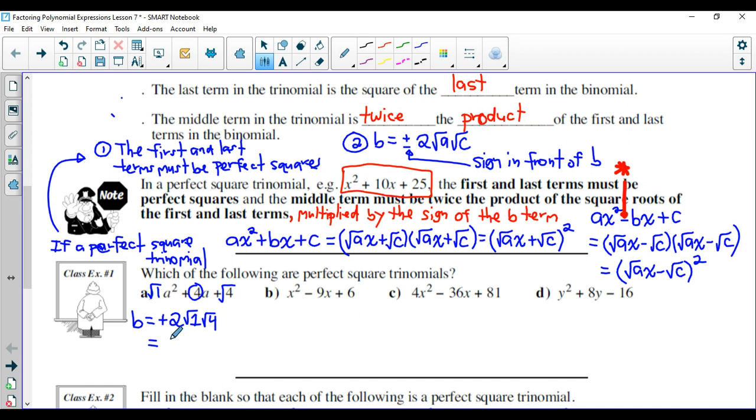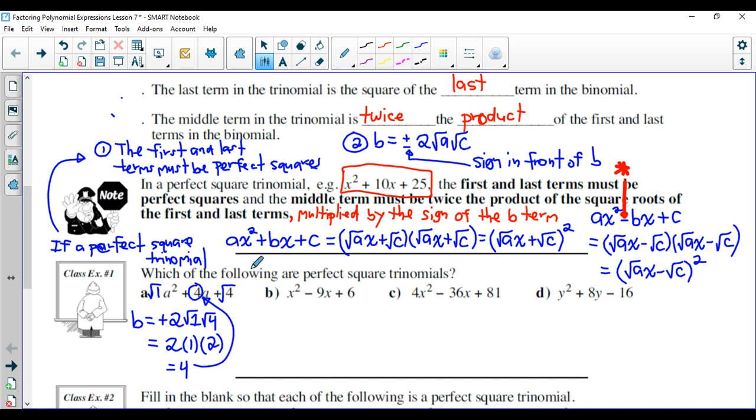So this would be 2 multiplied by the square root of 1, which is 1, the principal square root, and the square root of 4 is going to be 2. Therefore, performing this test, is the value of b 4? It is. I can see right here that it does match up correctly.